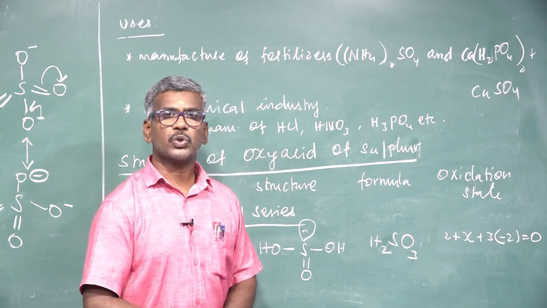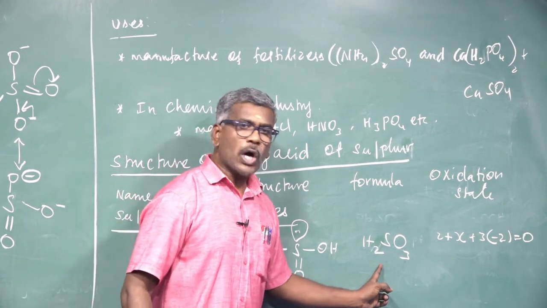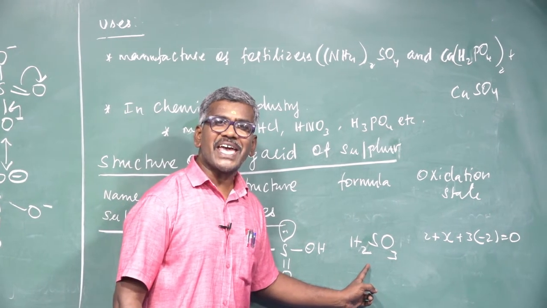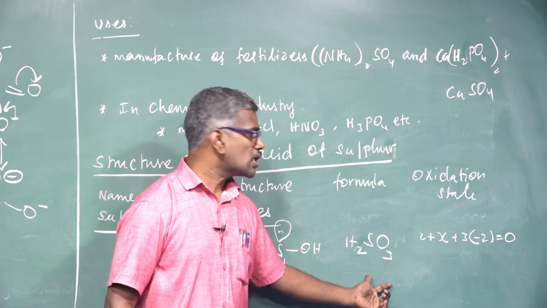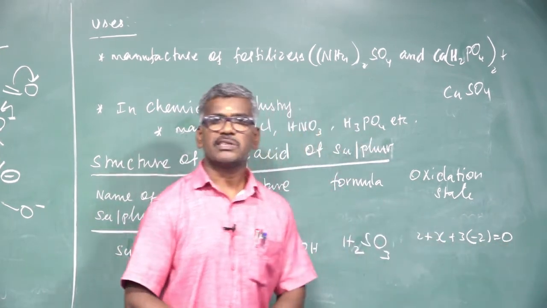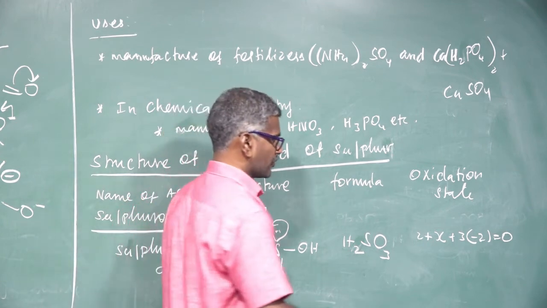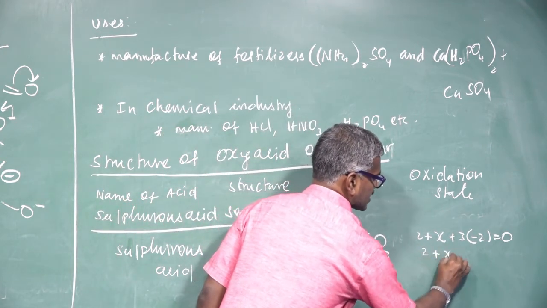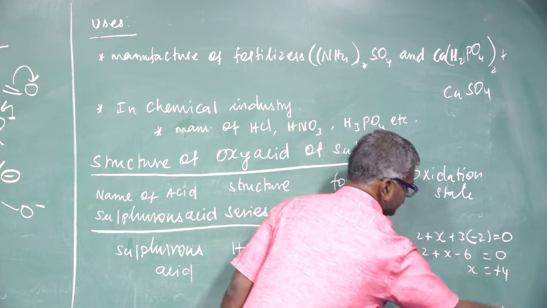The formula to find the oxidation number: the total oxidation numbers of the various atoms of the elements in a molecule should equal 0. So 2 plus x minus 6 equals 0, x equals +4.